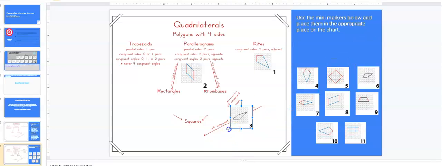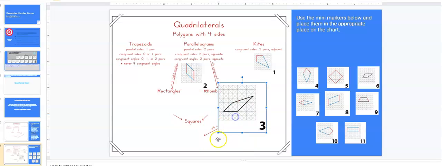Okay, next up is this shape. It kind of looks like a kite, but then when I look over here, these 2 lines do not look congruent. So it looks like it's almost a kite, but not quite.